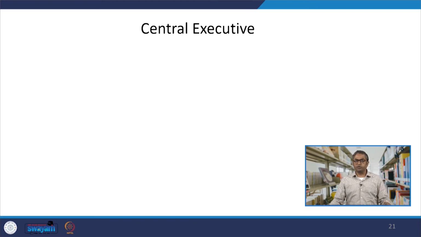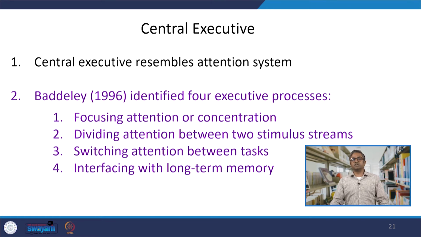Early selection of auditory or late selection of auditory. Early selection of visual or late selection of visual. It reaches the central executive system, which resembles the attentional system. The attentional system which selects the information, which divides the attention, which sustains the attention. Selection, sustaining, division, all these are characteristics of attention.